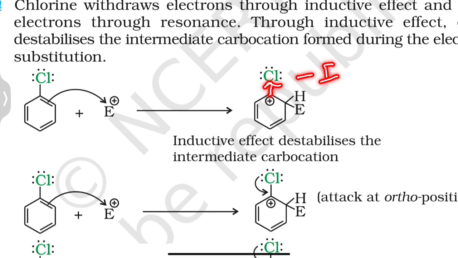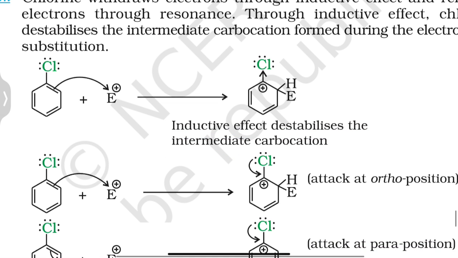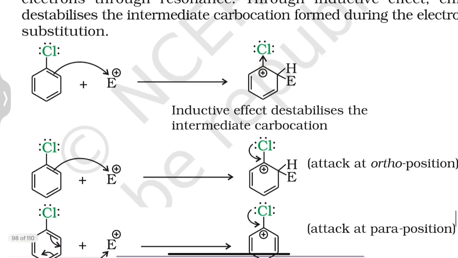So the positive sign which is formed here on the carbon atom is pulling the electron towards itself and it is destabilizing. So inductive effect will destabilize the intermediate carbocation which is formed. So that carbocation is destabilized by the chlorine atom by pulling the electron towards itself by minus I effect.